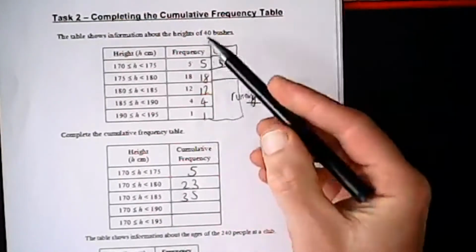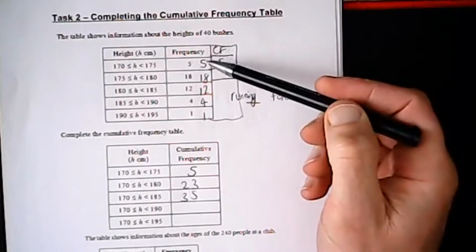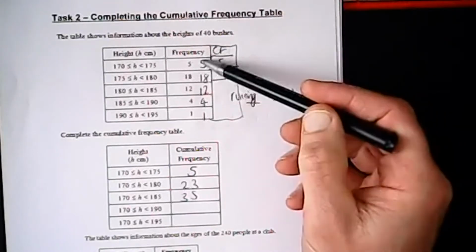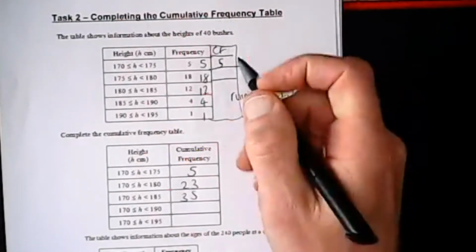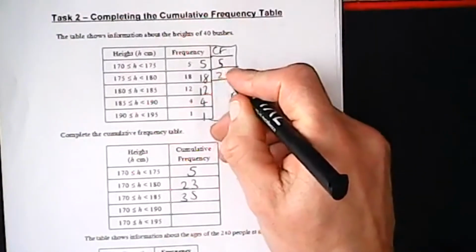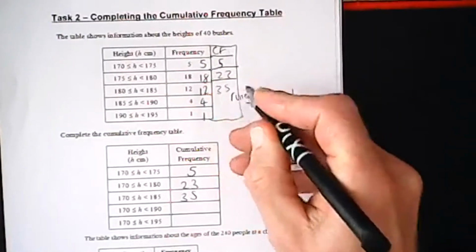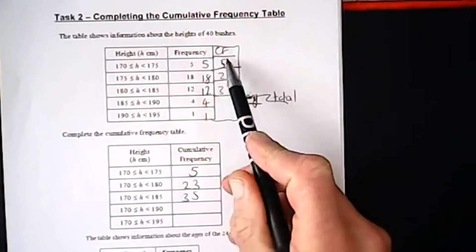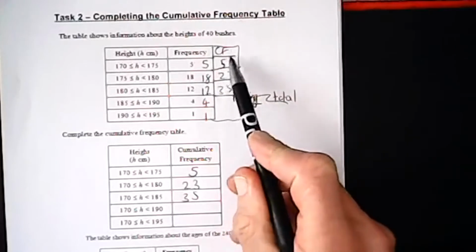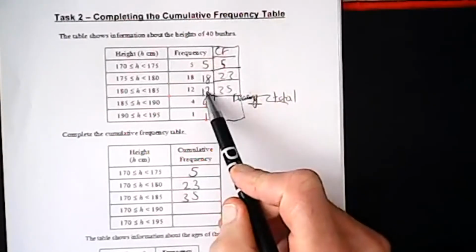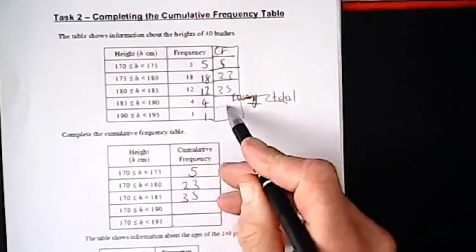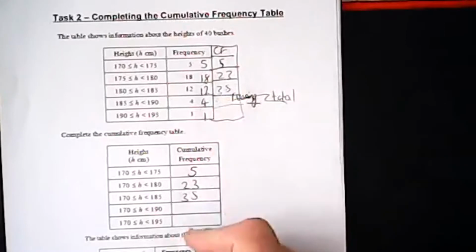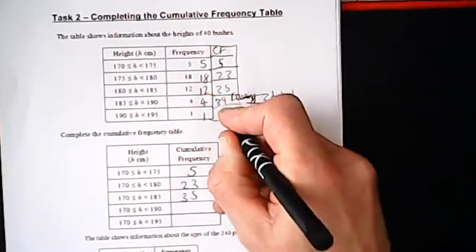What I said yesterday is one way you could do it is just keep adding them up, 5 add 18 add 12, and so on. But another way, as a shortcut, is that if you've got these totals already, that number there is the total of those three already, so you can just add on the next one onto the running total of the 35. So that will give us a 39 and a 40.